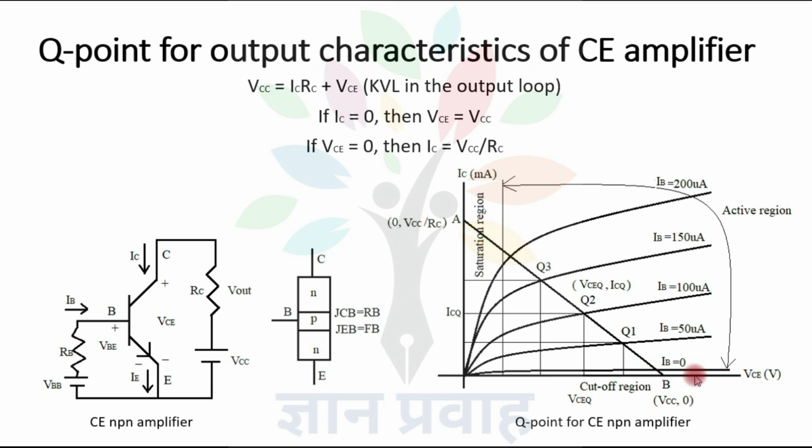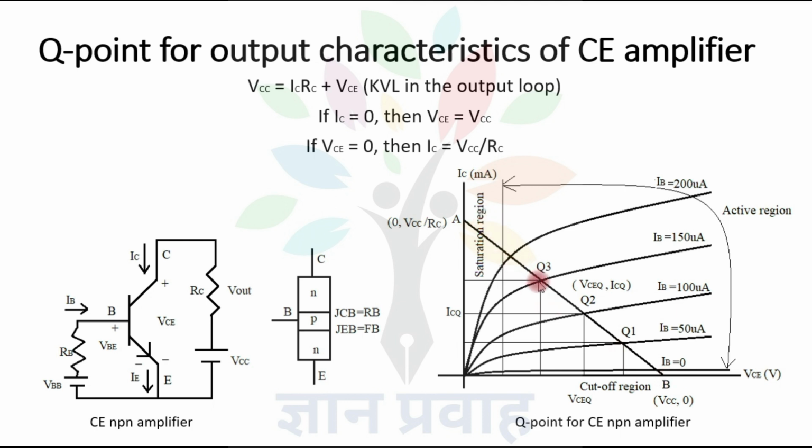And here there are three operating points, so we must choose the best one for operating this amplifier in a better way. So if we select Q1 as the Q point for this output characteristic, then it is close to the cutoff region. It means one half cycle, or some portion of the cycle, is clipped off because of the cutoff region. It means the output is distorted.